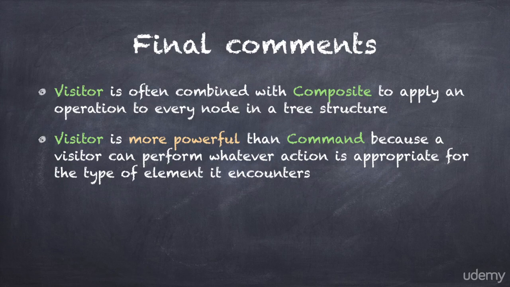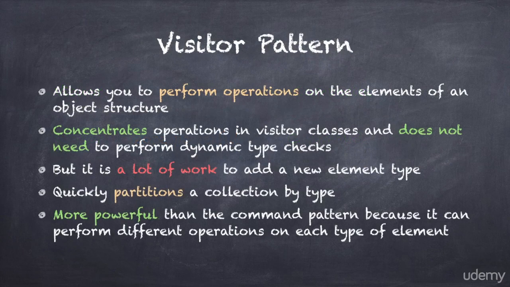Okay, here is a recap of everything that we've learned in this lecture. The visitor pattern allows you to perform operations on the elements of an object structure. The pattern concentrates operations in visitor classes and does not need to perform dynamic type checks.